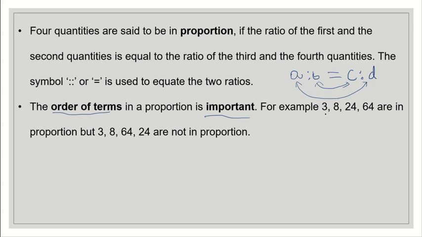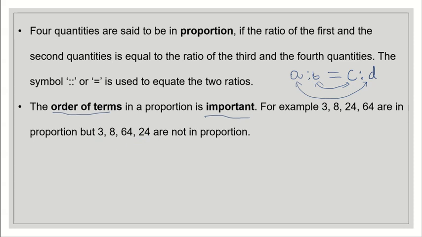Okay, that is what I am explaining with this example. 3, 8, 24 and 64 are in proportion, but 3, 8, 64 and 24 are not in proportion. Why? Because the product of 8 and 24 is equal to the product of 64 and 3. But the product of 8 and 64 is not equal to the product of 3 and 24.